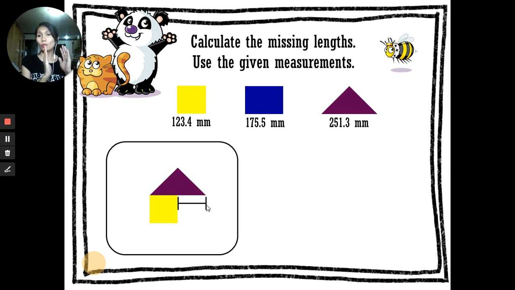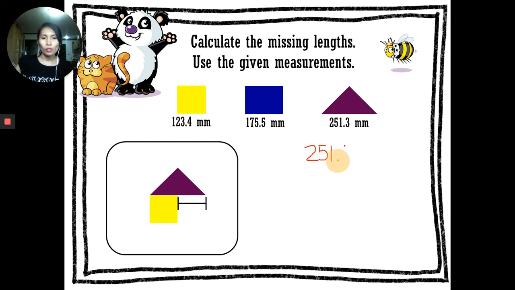The whole is the whole triangle. But we're just looking for almost half of the triangle. So that means we are looking for a smaller number, a part of the triangle. So we will subtract. So what are we going to subtract? Step 1, line up. Okay, let's start from the triangle because that is the bigger number, I mean the longer length.